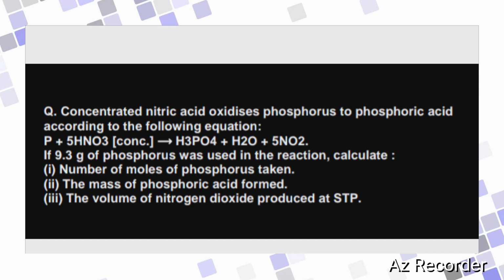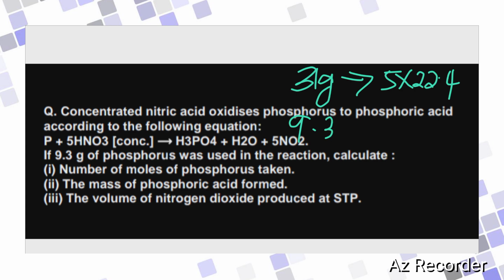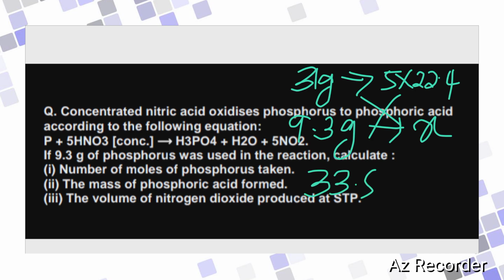So we can write 31 grams of phosphorus gives 5 into 22.4 liters of nitrogen dioxide. Now we need to calculate the same for 9.3 grams of phosphorus. It's x, and simply on cross multiplying we will get 33.5 liters. I hope it is clear now.